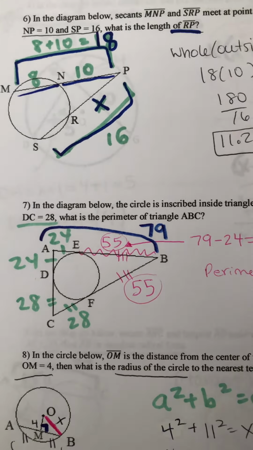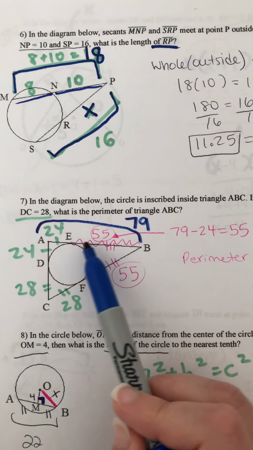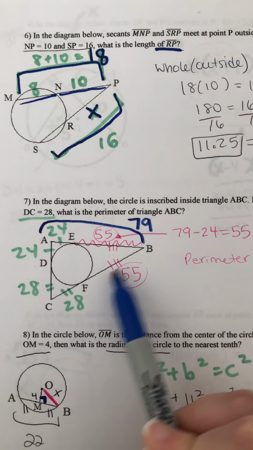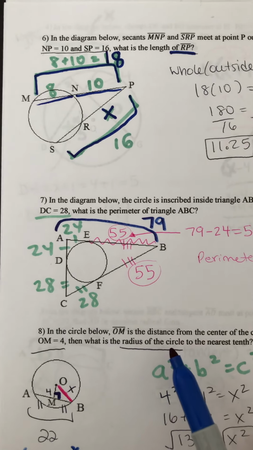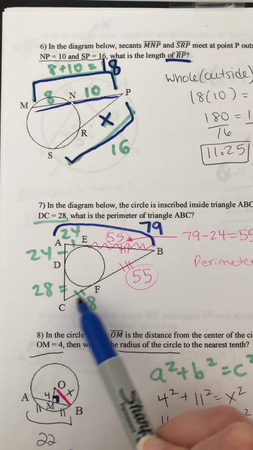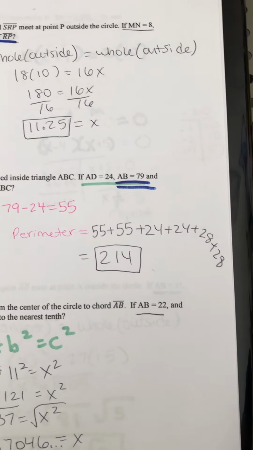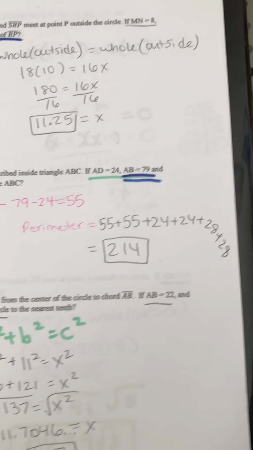So remember, we can do subtraction for that. Take the total of 79, subtract away the 24 that we know, and then this tangent is 55, which means the bottom side here, EF, FB, is also 55. And then DC was 28, so the other tangent touching C is 28. Well, now we just add up the segments, and you get 214.